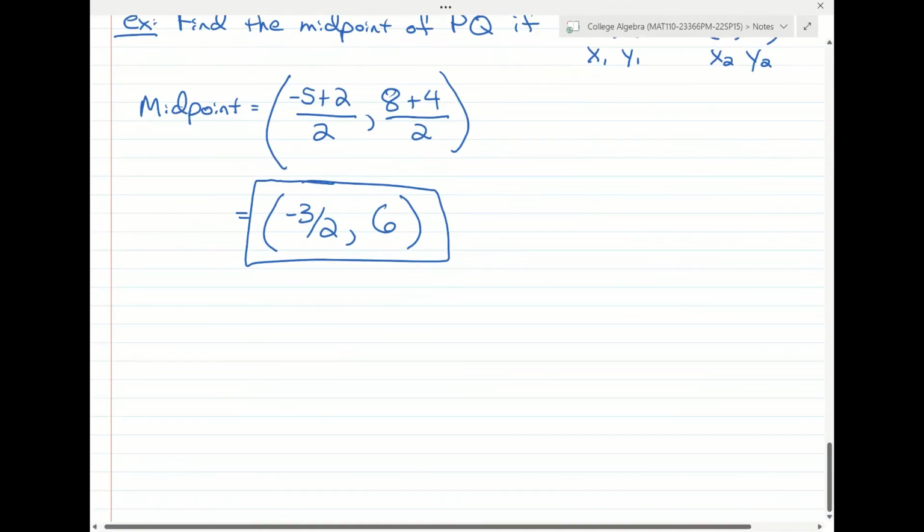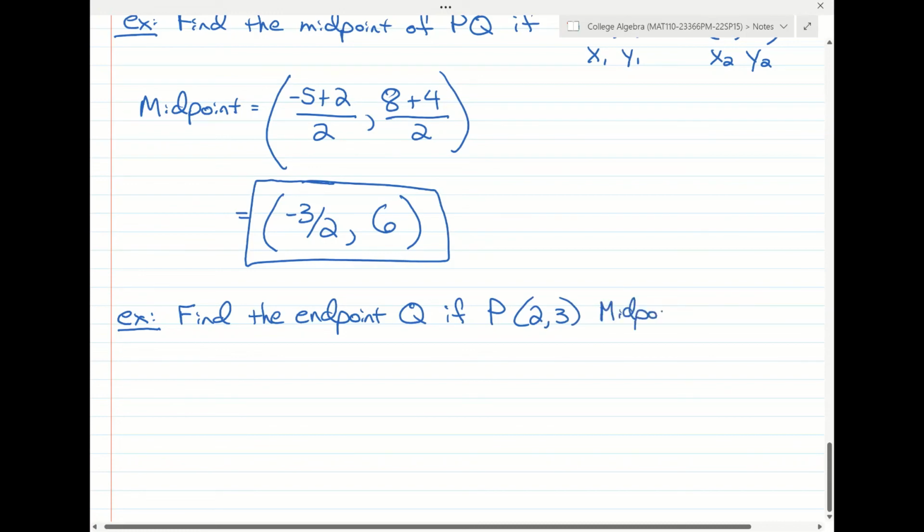The last problem from this section. What if I asked you to find the endpoint Q, if point P is 2, 3, and the midpoint is 5, comma, negative 2.